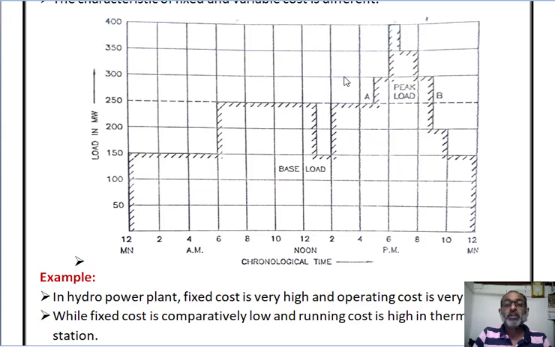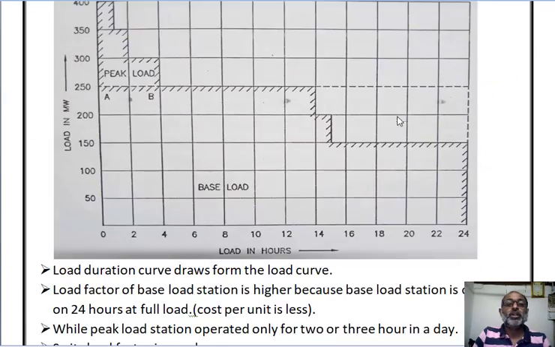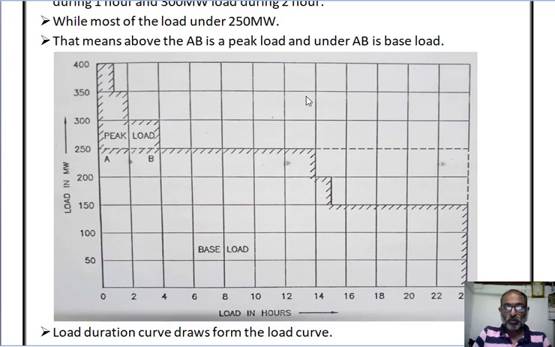So the portion AB, here you can see, is the peak load. Whatever load is above this AB portion is your peak load, while whatever portion is lower than this AB is called base load. So from this graph we can draw the load duration curve.